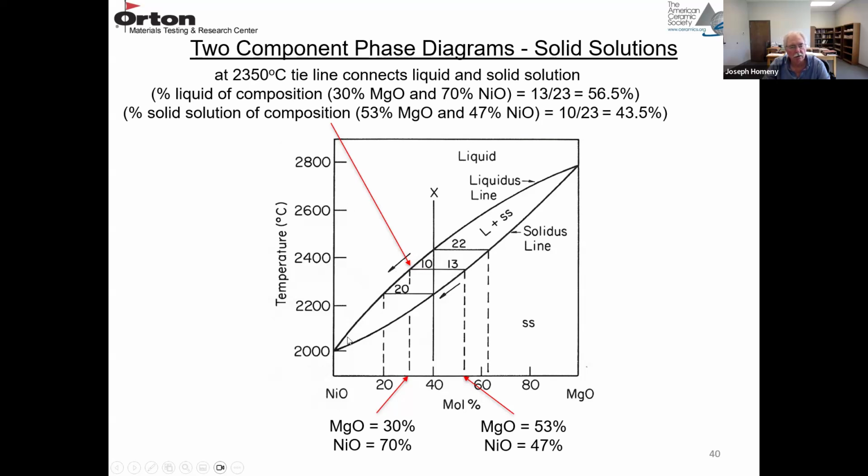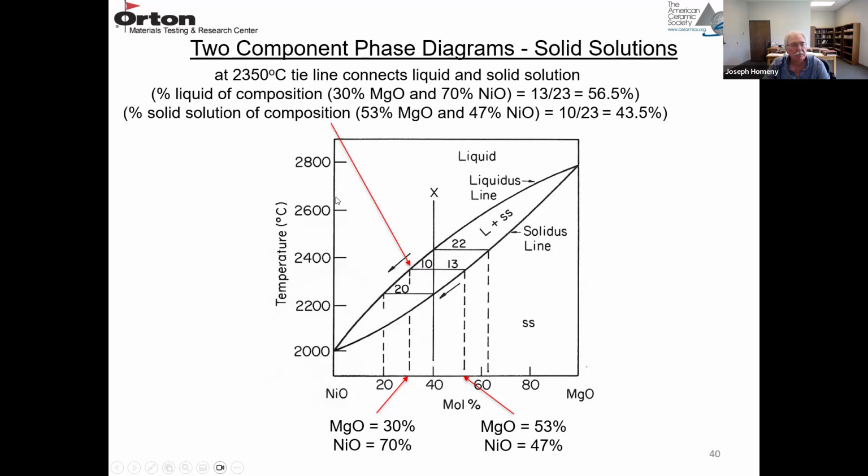So the percent liquid of this composition, 30% MgO and 70% NiO, is this tie line portion 13, which is opposite the liquid phase, divided by the total tie line, which is 23. So 13 over 23 is about 56% liquid of this composition.